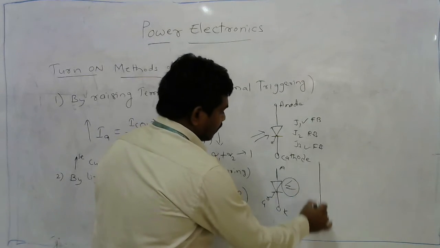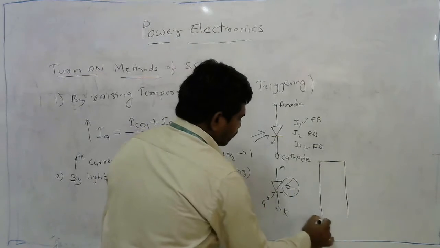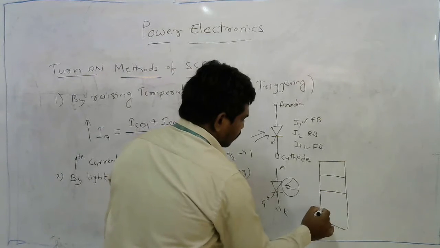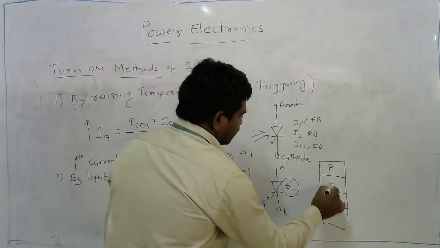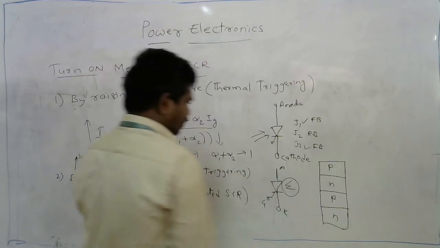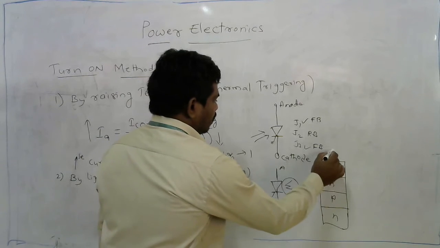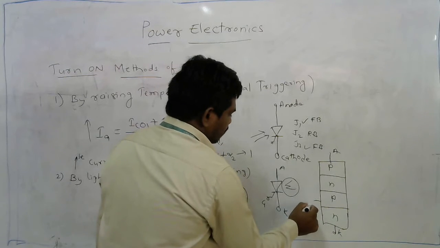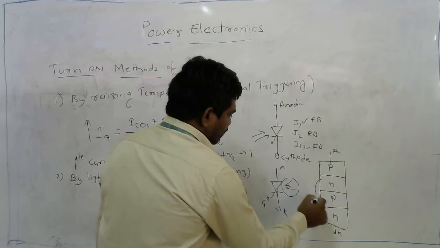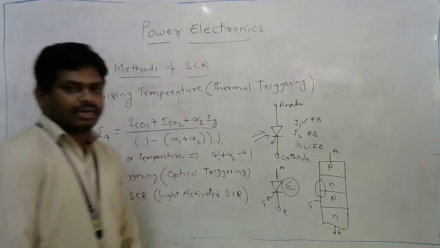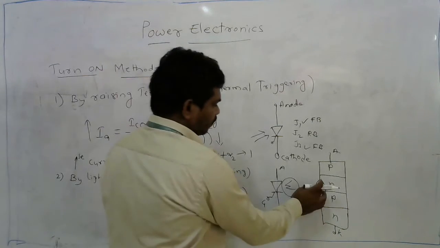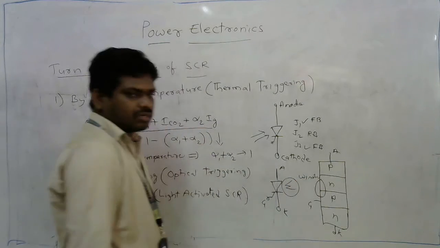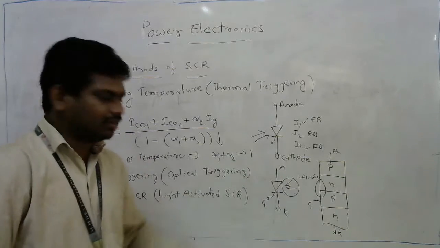When you take the structure of the SCR, this is P, N, P, N. This side is the anode, this side is the cathode, and here is the gate. At junction J2, there is one window. The LASCR structure is like that.